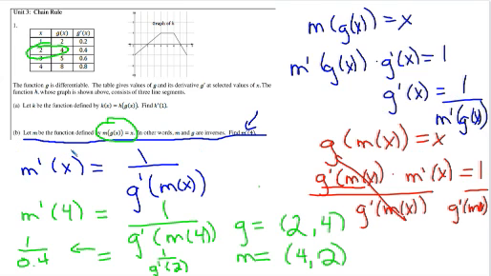This one, and in this case, this one. They are both true. If m and g are inverses, both of these situations are true, and you just need to pick the one that works best for you. The problems are not hard if we understand the relationship between inverse functions, and we will stop there for today.